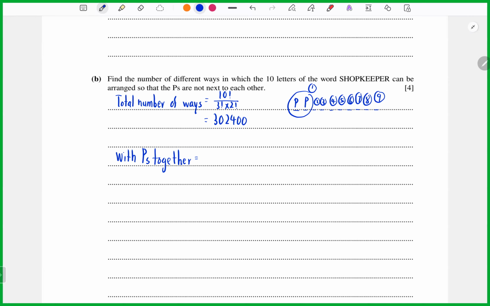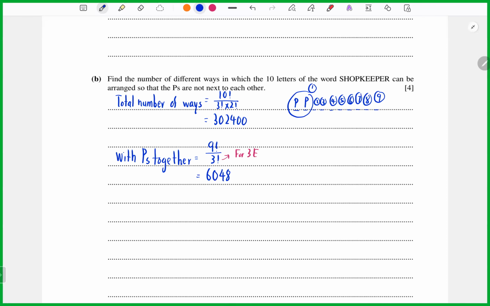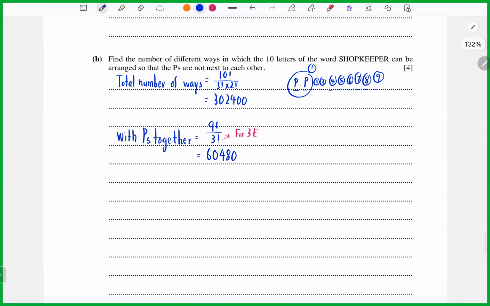So here it's got 9 positions. So you take 9 factorial divided by 3 factorial. This 3 factorial is because for 3E. So 9 factorial divided by 3 factorial equals to 60,480.